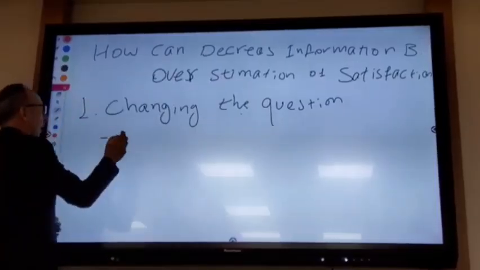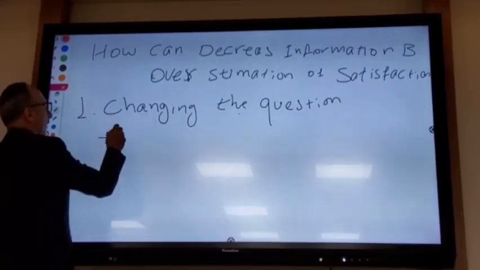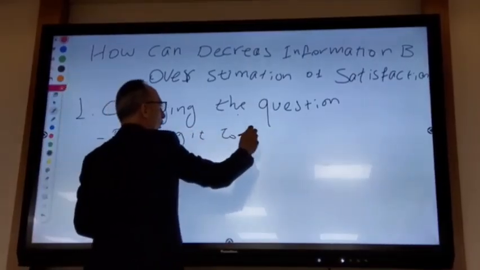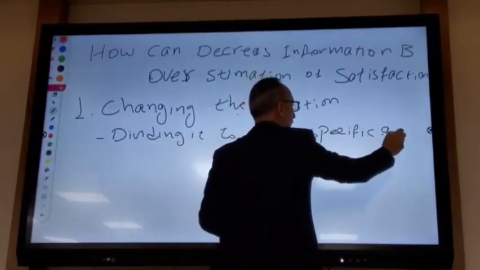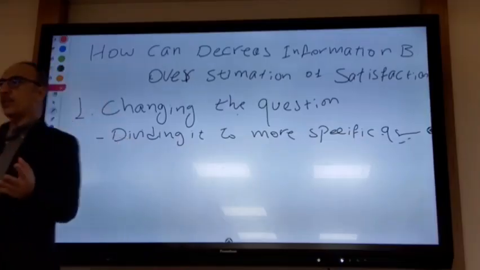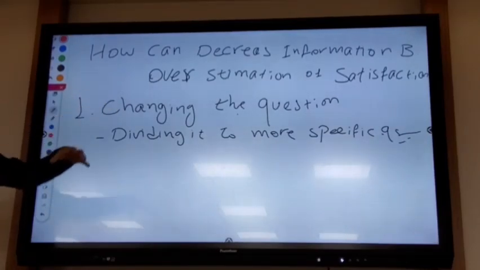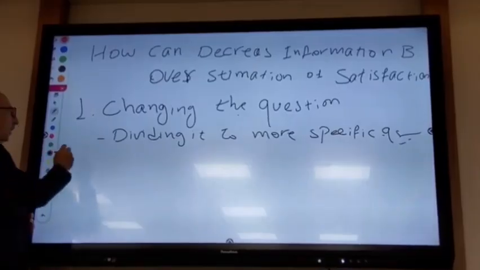Changing the question and dividing it, for example, into more specific questions. For example, as your friends have mentioned, asking some questions about hygiene, some questions about cost of service, some questions about the time that you waited until you received the services, and something else. So I can change the nature of the question in such a way that the patients trust me. Patients trust that I want to improve the quality of the service.